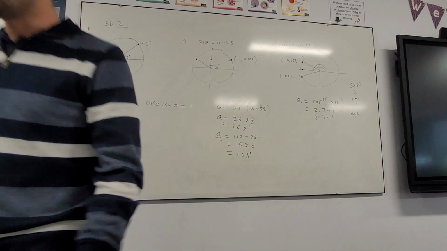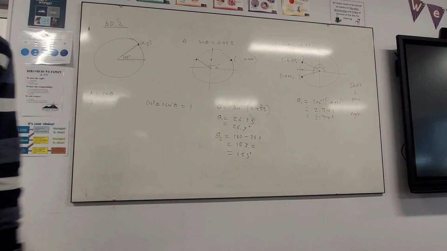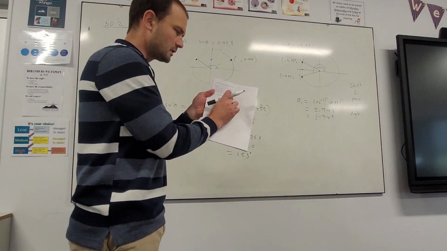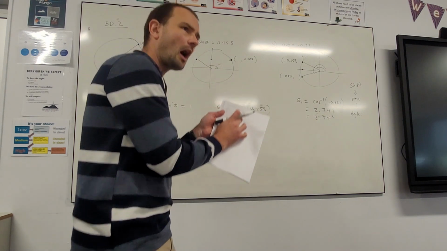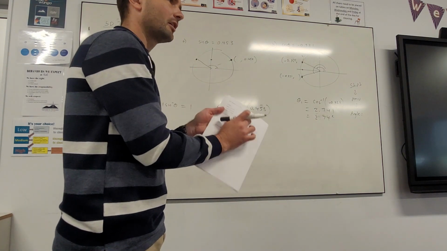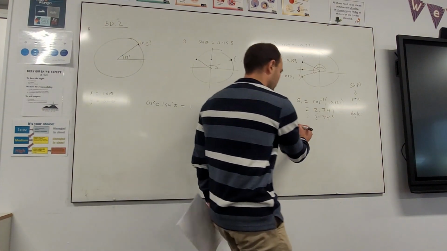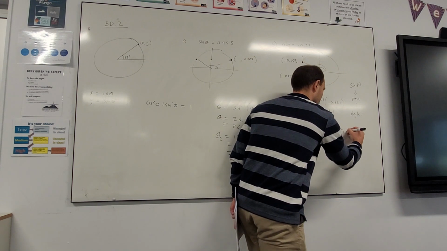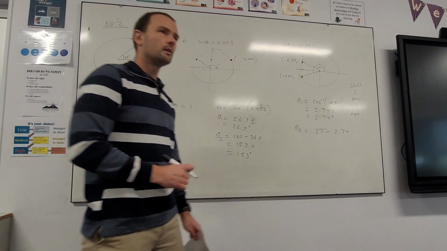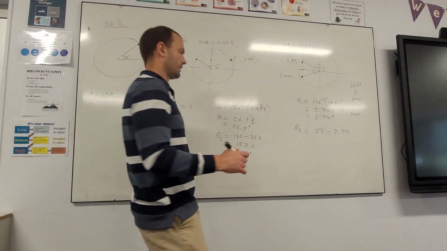Okay, for theta 2, we've got cos, we've got it in radians, so we refer to our notes book here, that the equivalent angle is 2 pi, take away the angle that we found. So theta 2 is going to be 2 pi, take 2.74. So that's what we're going to put in our calculator.